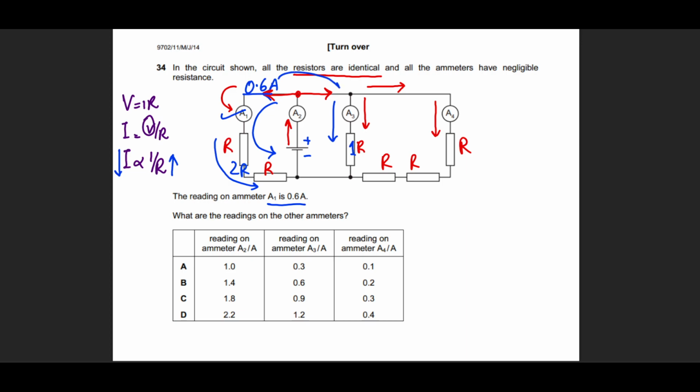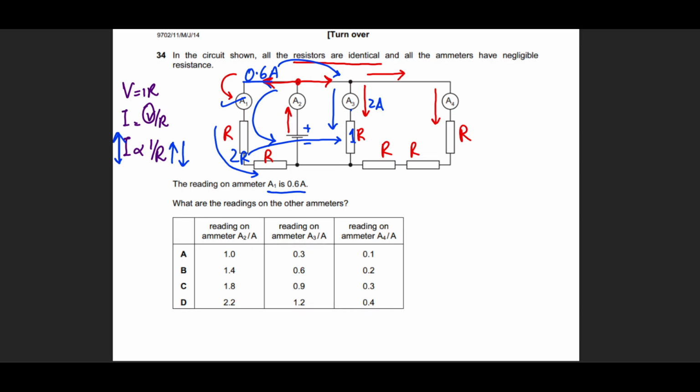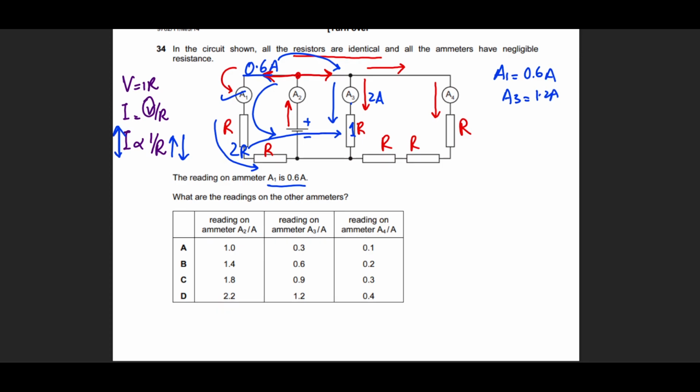So the current in this branch should be at least 2 times the current in the second branch, right? If the resistance is being halved from 2R to R, then the current should be doubled from 0.6 to 1.2. So I can very well guess that in A3, this is A1, this is 0.6. In A3, this is 1.2 amperes, and let's try to cancel some options if that's possible.